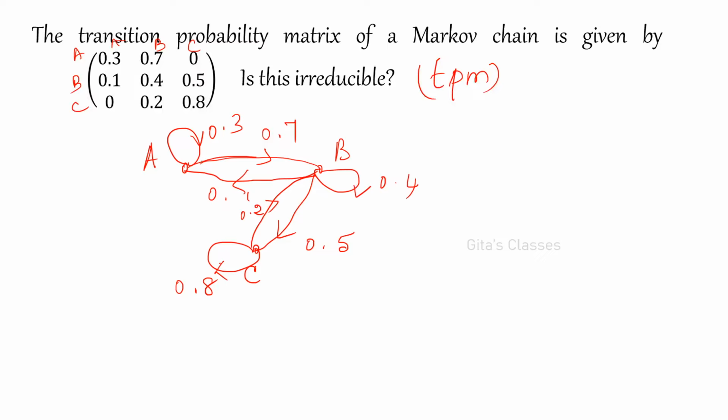What about B? From B you can go to A and come back, and go to C and come back. So B communicates with A and C. Therefore, all are accessible from each other. Therefore, it is irreducible.